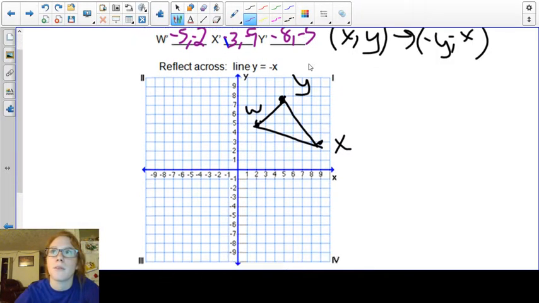So let's go ahead and plot those. Negative 5, negative 2 puts me down here. Negative 3, negative 9 puts me down here. And negative 8, negative 5 puts me over here.